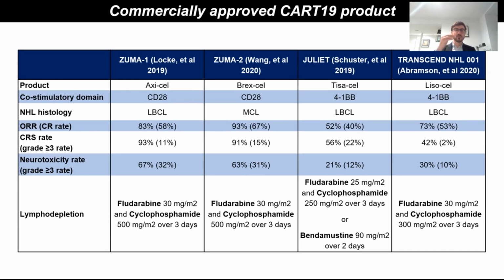And besides the construct itself, we also noticed that there were differences in the way the lymphodepletion chemotherapy was given. Slightly different doses and mostly similar agents, which means fludarabine and cyclophosphamide. But in the case of the T cell for lymphoma, we've also used bendamustine, which is another chemotherapy that has been used for patients with hematological cancer.